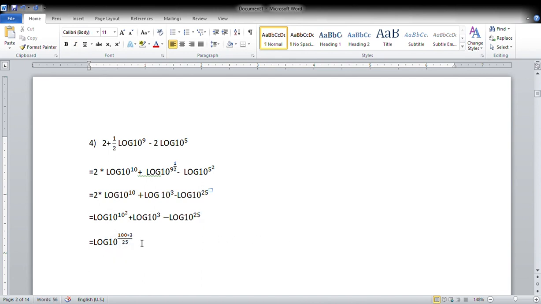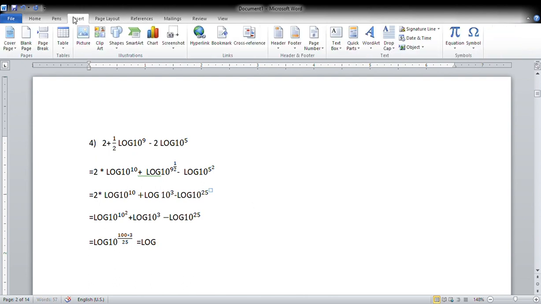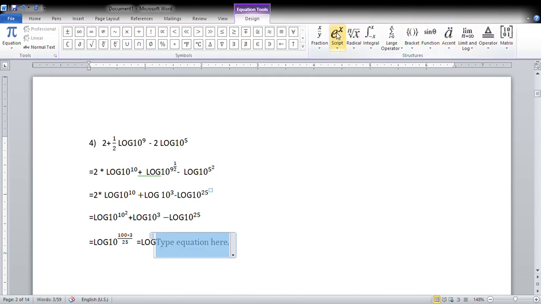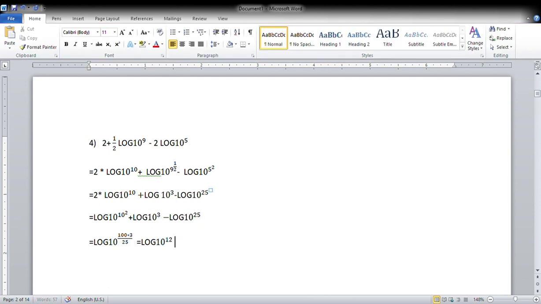So 25 into 100 divided by 100 is 4, that means log 12, it should be 12, not 25 into 4, 100 divided by 4 and 3, log 12 with the base 10, that should be the answer to this number.